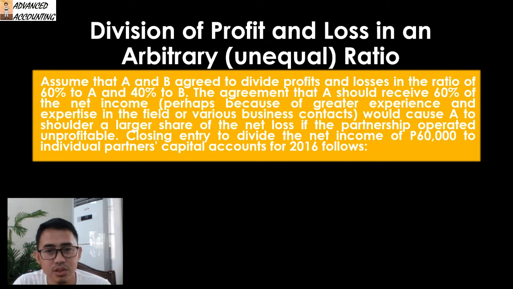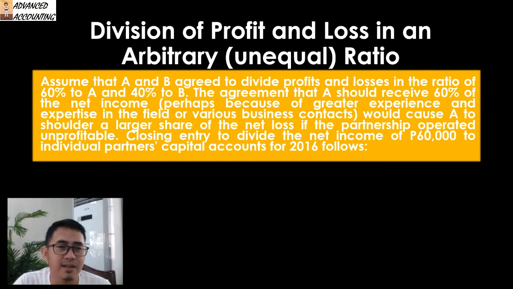So probably in this scenario, since A has a larger share, maybe A has more influence in the business, or A has more responsibilities in the business, since he has a bigger share in the profits and losses. It's not always good to have a larger share, because a larger share of the profit also means a larger share of the loss.